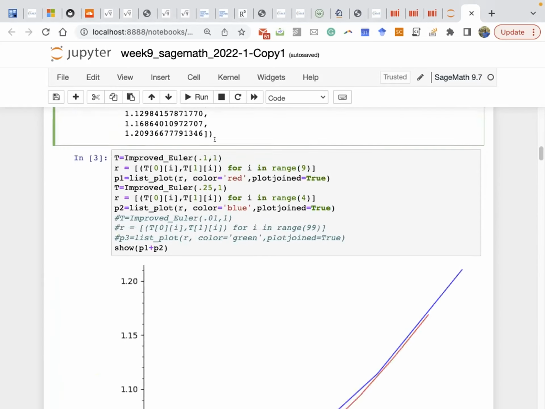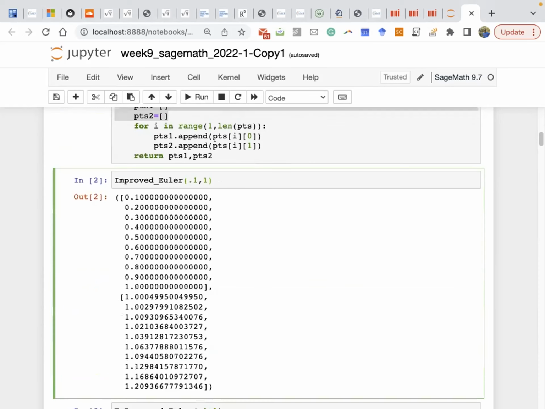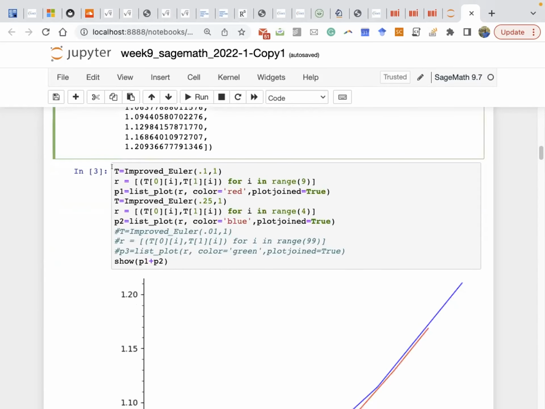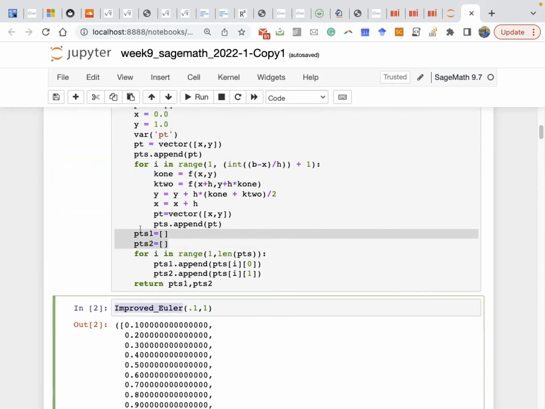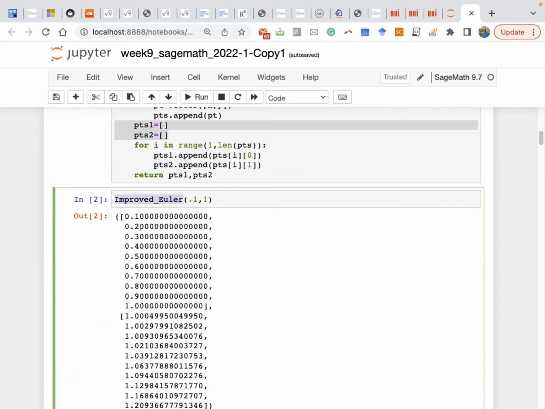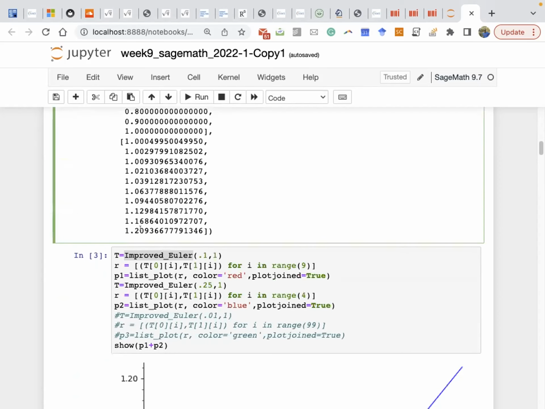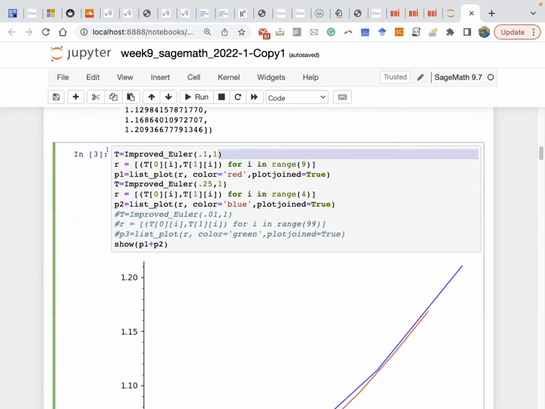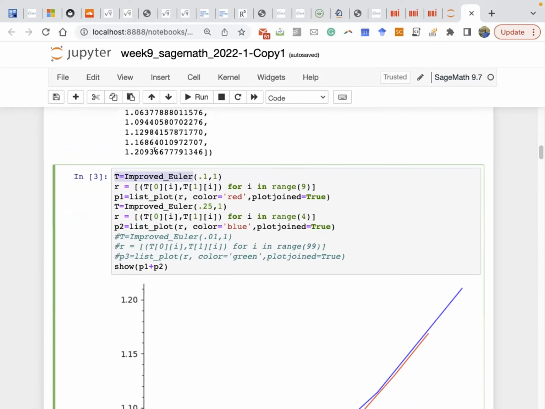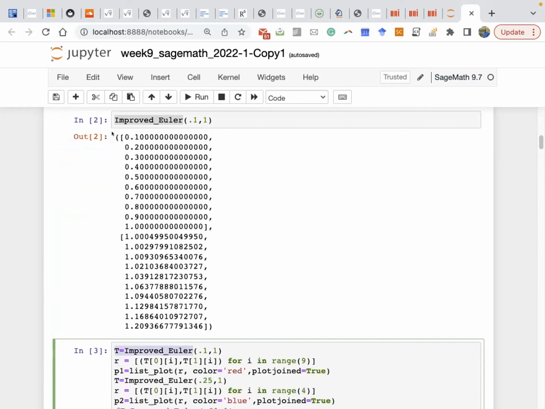All right, so what happens if I plot that? This is the improved Euler method. This is a function that we have developed by ourselves. It is not a built-in command. R is the list of this T. What is this? The output of T is this guy and this guy.